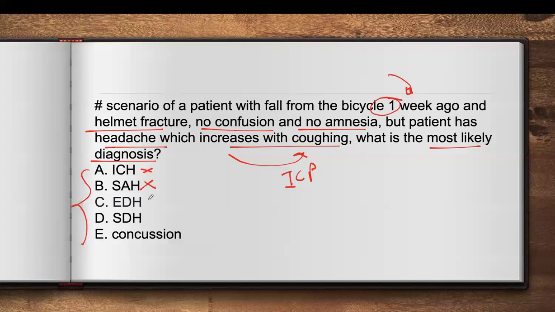Epidural hematoma, subdural hematoma, both are our possible options, and concussion doesn't come with raised ICP features. So we have EDH and SDH. The main thing we need to focus on is which one of them presents a bit subacute.